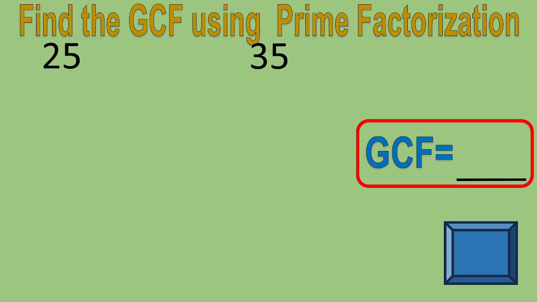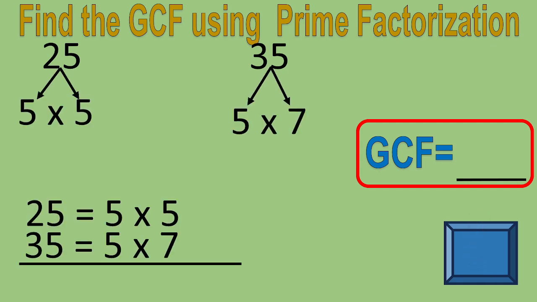Another, 25 and 35. Time's up. The common prime factor is 5. So, the GCF or the greatest common factor is 5.